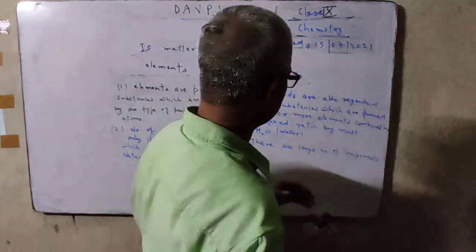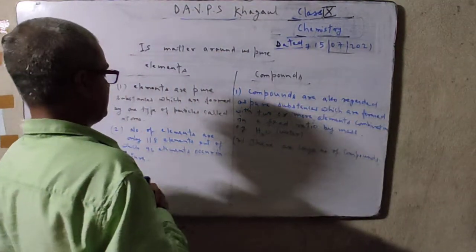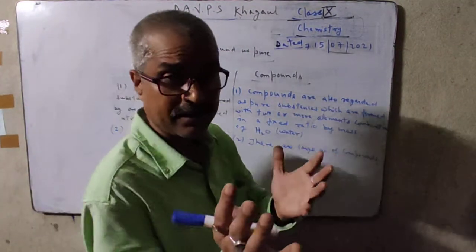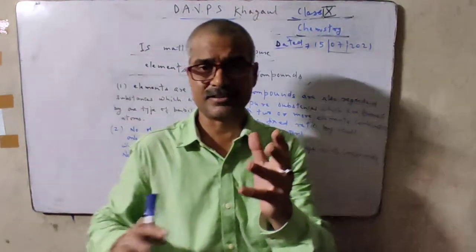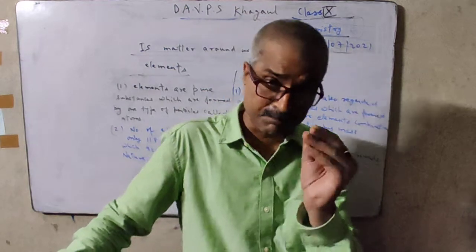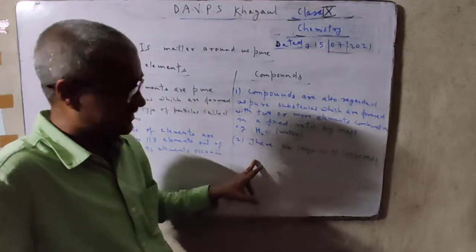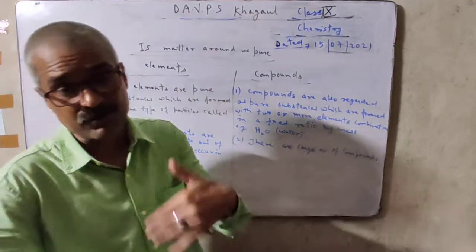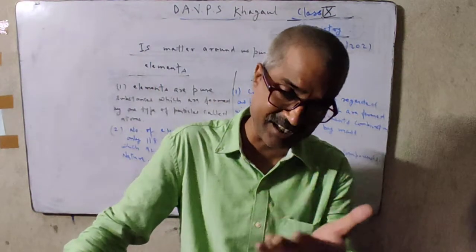When we talk about the formation of compounds, elements generally occur naturally, 92 elements. Compounds could also occur naturally, but new compounds could be formed artificially also.